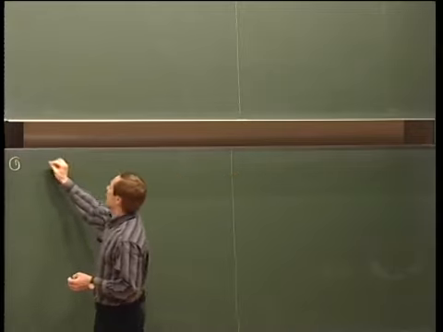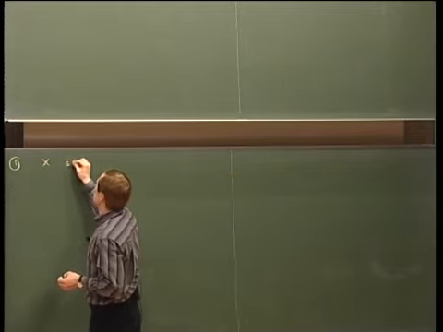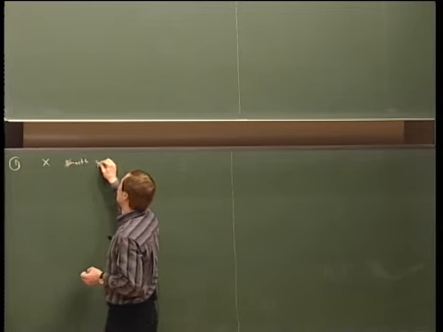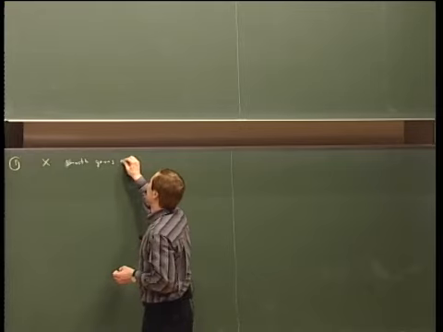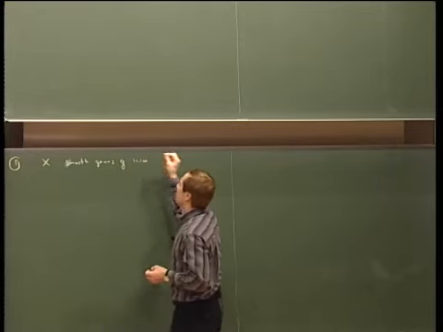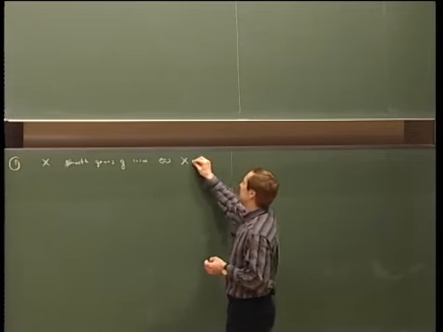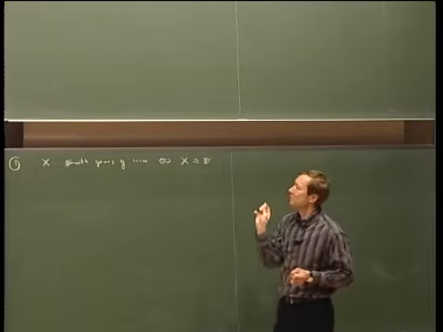So if you have X, and it's a stable, okay, let's start with a smooth genus g curve. Then, okay, X is just a P1, right?